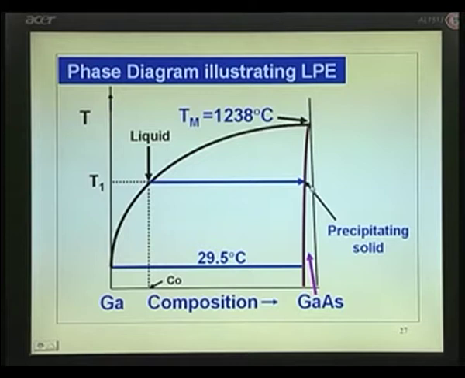Whether it is gallium rich or arsenic rich depends upon actually from which point you are freezing. Okay. But what you get is gallium arsenide which is close to stoichiometric composition, growing from a very low temperature. Of course, I should caution those who are in physics, I say low temperature. It is not low temperature, it is lower temperature compared to melting point. Okay. You get gallium arsenide.